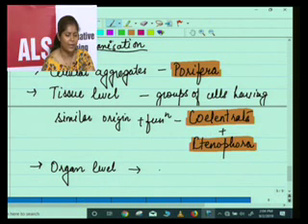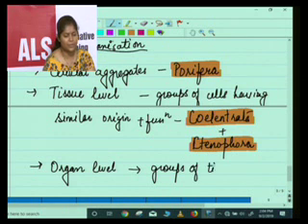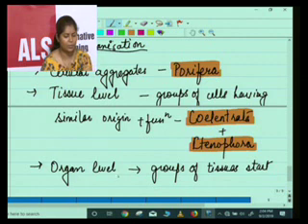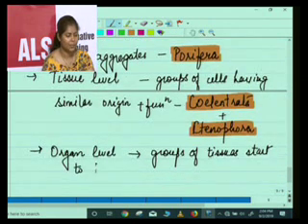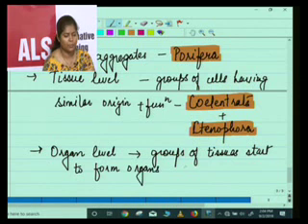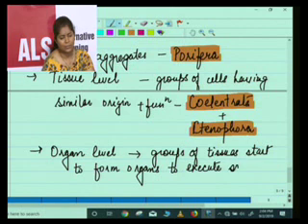So now comes organ level organization. Groups of tissues start to form organs to execute the same functions.